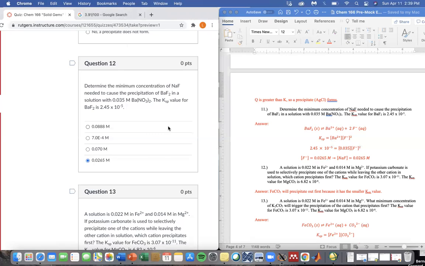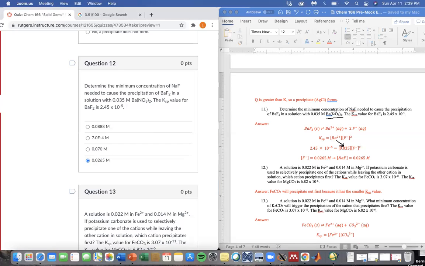How come you use 0.035 again? How does the Ba(NO3)2 relate to the BaF2? We use the 0.035 molar and plug that in for the concentration of Ba2+, and the reason for that is Ba(NO3)2 is soluble. If you remember, at the end of last semester you went over solubility rules. This is one that is very soluble, because nitrate usually makes things really soluble.